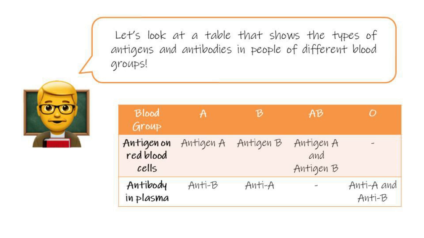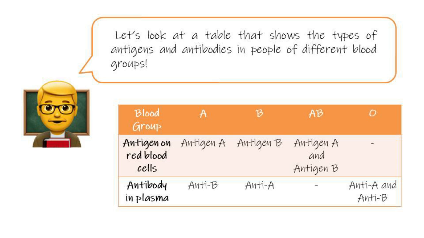Let's look at a table that shows the types of antigens and antibodies in people of different blood groups. People with blood group A will have antigen A on their red blood cells and anti-B antibodies in the plasma. People of blood group B will have antigen B on their red blood cells and anti-A antibodies in their plasma.